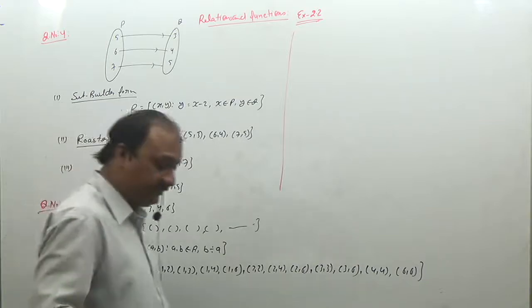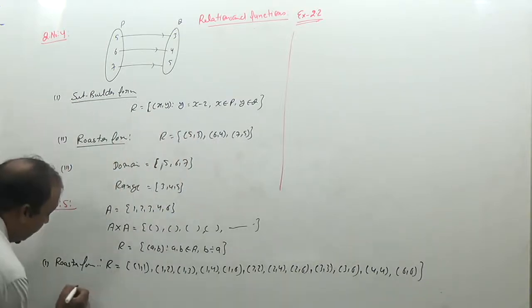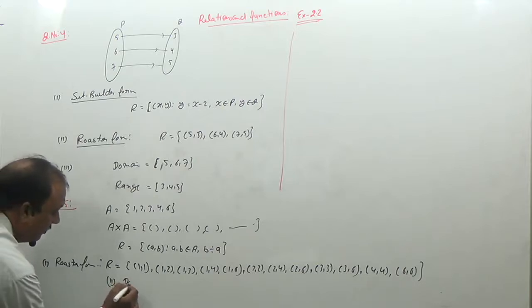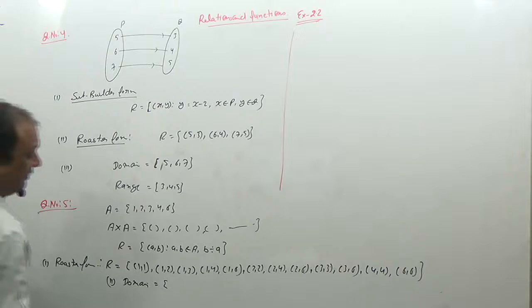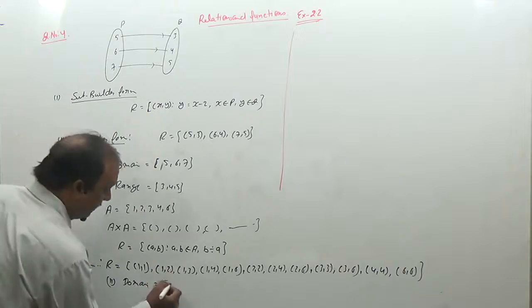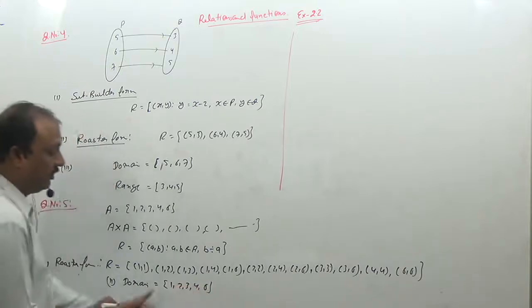Now the second part is to find the domain. The domain is the set of all first elements of each ordered pair, that is 1, 2, 3, 4 and 6. This is the domain.